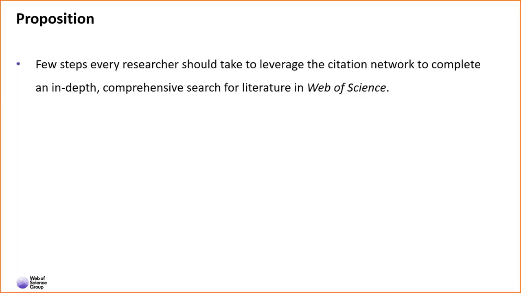The proposition today is a few steps every researcher or academician should take to leverage their citation network, which is very key when you want to have an idea of how the literature is connected. You have the ability to perform comprehensive search queries in the Web of Science, and then instead of only limiting your search by keywords, you could use the citations, the references, to explore the literature.